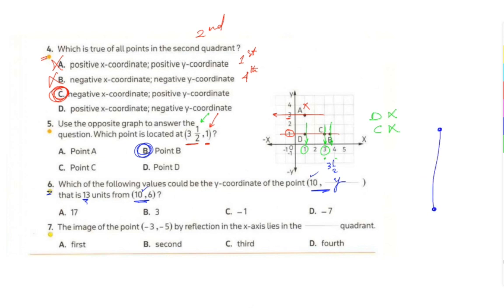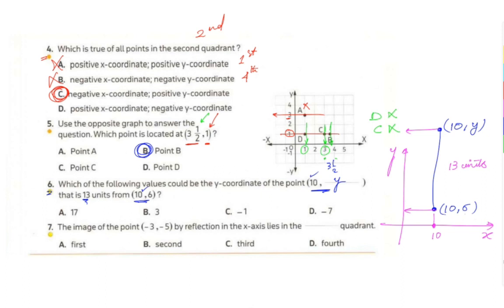So if we have this point here (10, 6), and here we have (10, y), some y, we know that the distance is 13 units. That means we have the same x as 10, but a different y.